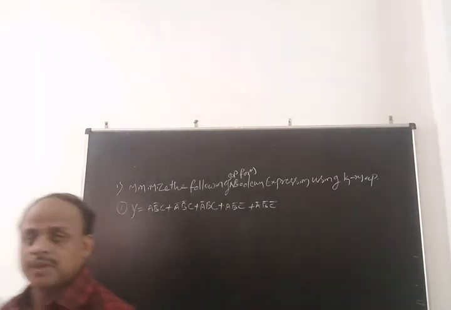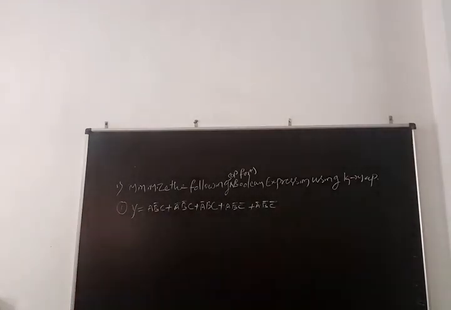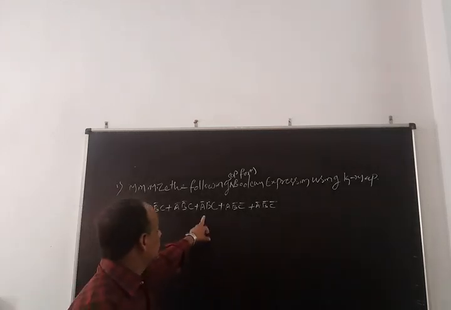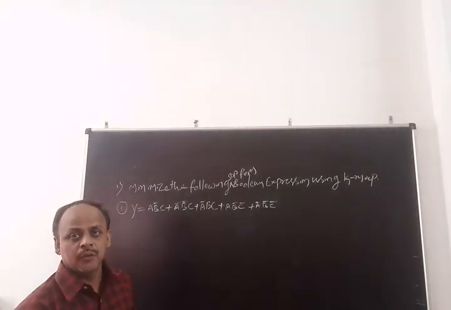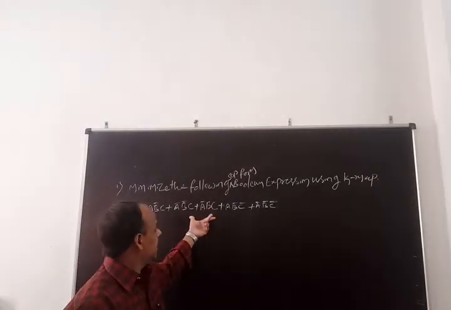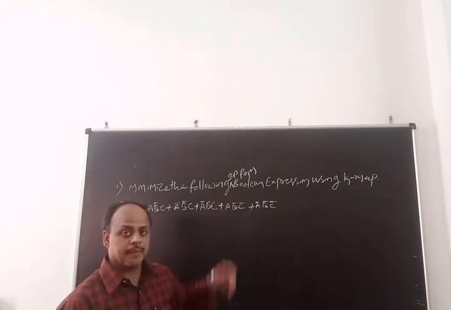See here, what is the given question? The given question is Y is equal to A B bar C plus A bar B bar C plus A bar B C plus A B bar C bar plus A bar B bar C bar. So this is the given expression. We have to minimize the given Boolean expression using K-map.